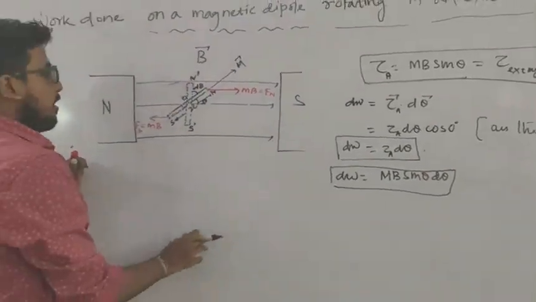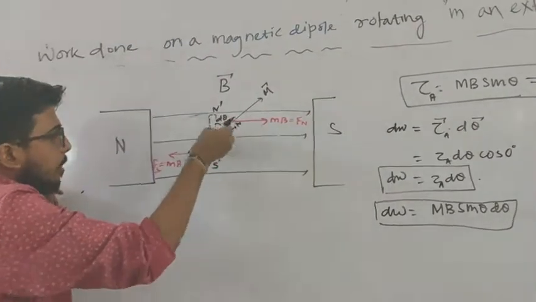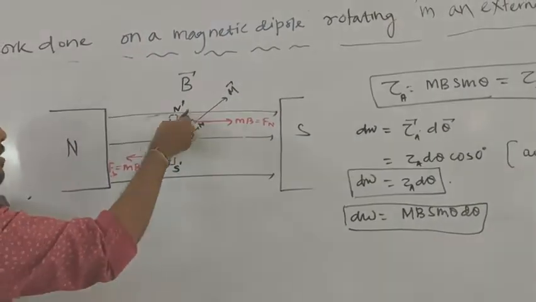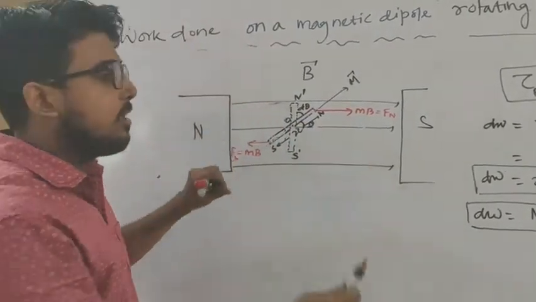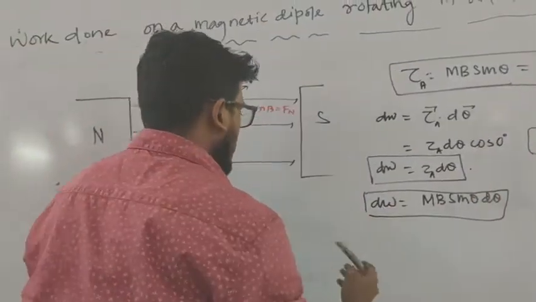So if we want to rotate the dipole from any initial position theta 1 to any further position theta 2, what will be the total amount of work done? This will be integrating this one.